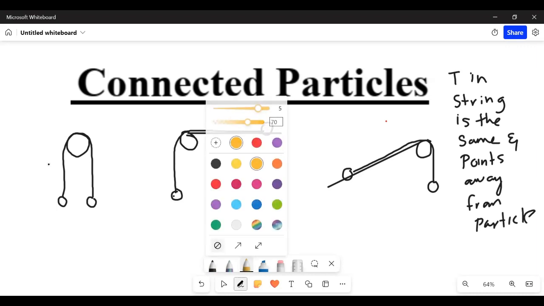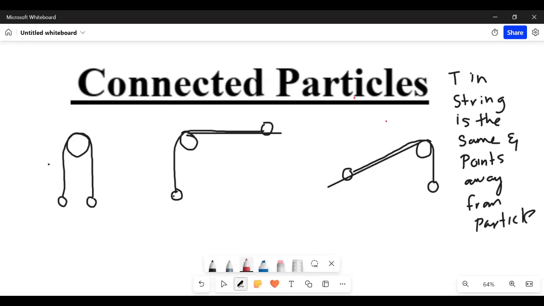That means I can say there's a tension in this direction, same tension in this direction, and a tension here away from the particle, and a tension here.